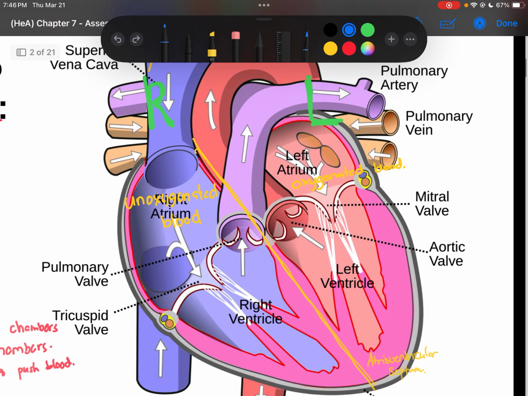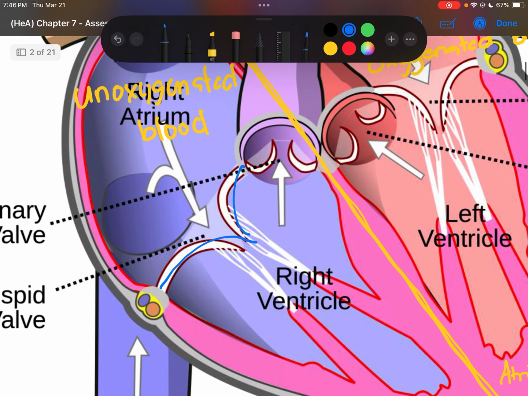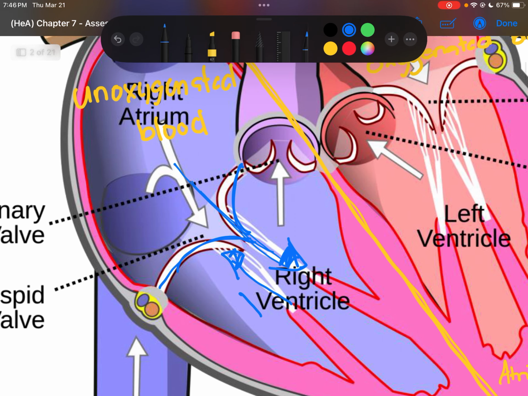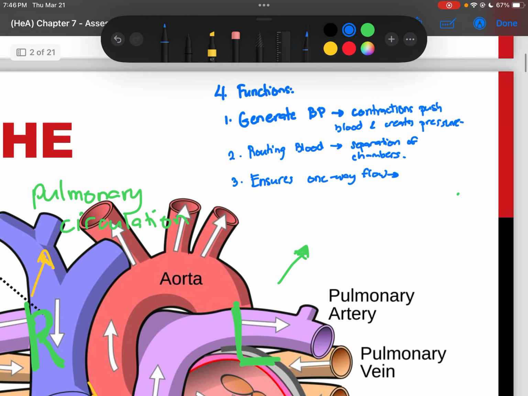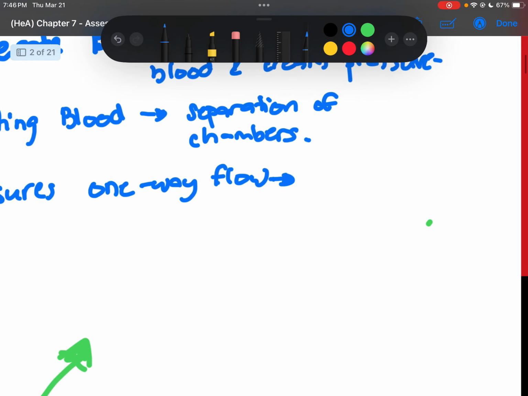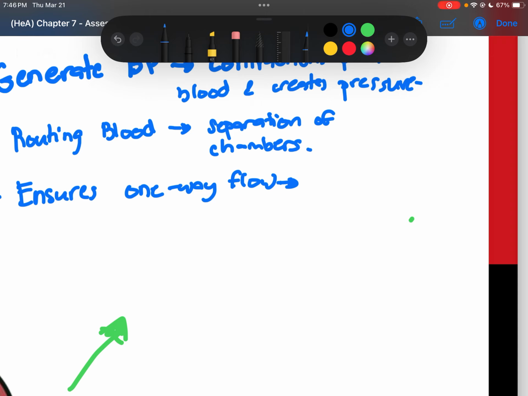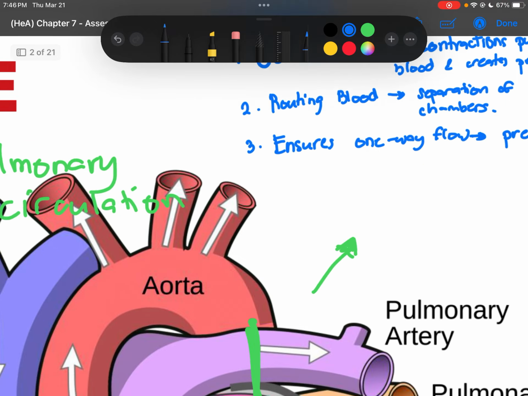Typically, the valves are shaped like this so that when blood enters, it cannot go back, thus ensuring that there is no backflow. Backflow is very dangerous because it is the primary pathophysiology of heart failure. Prevent backflow.